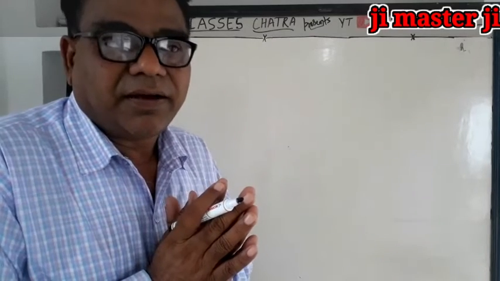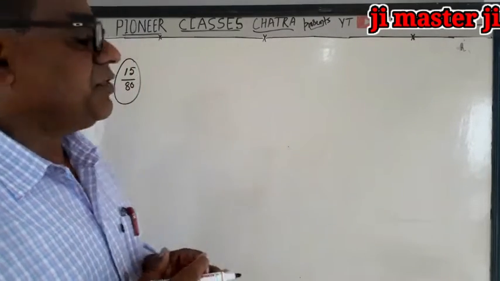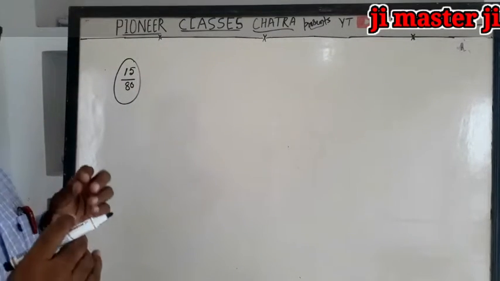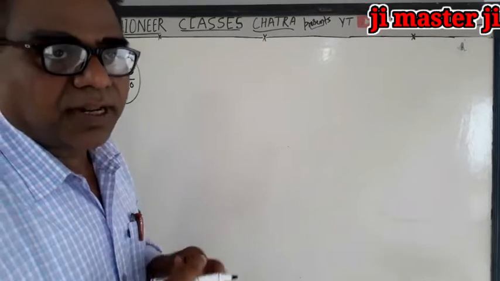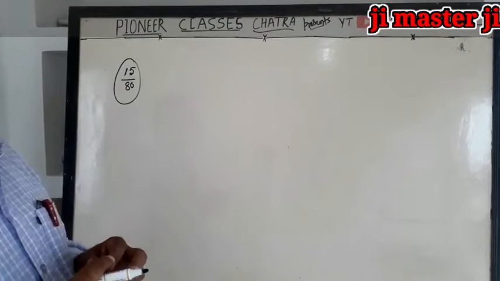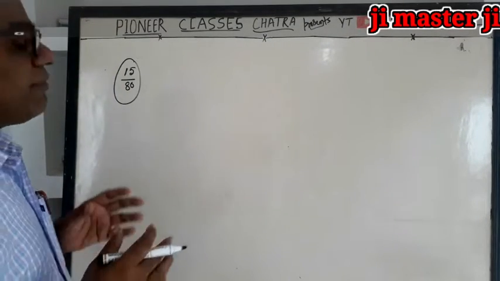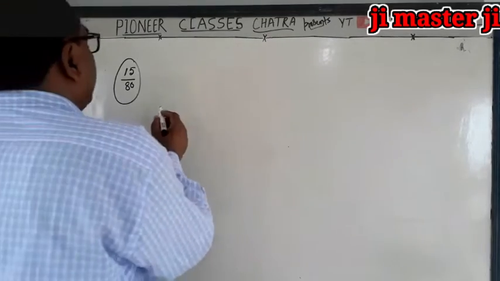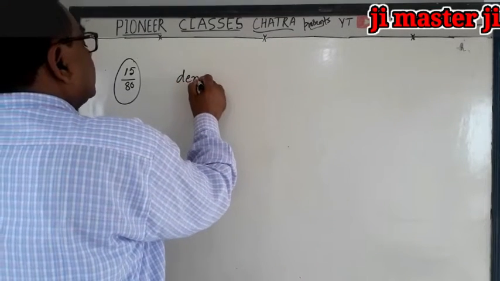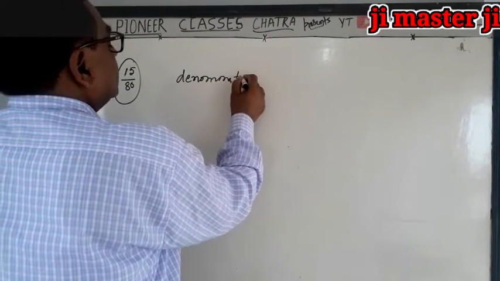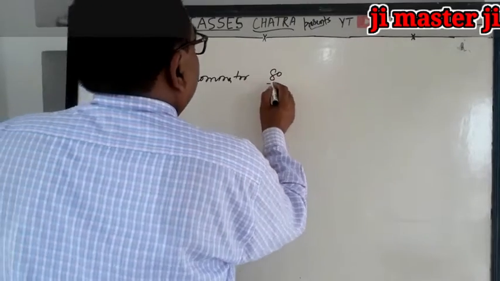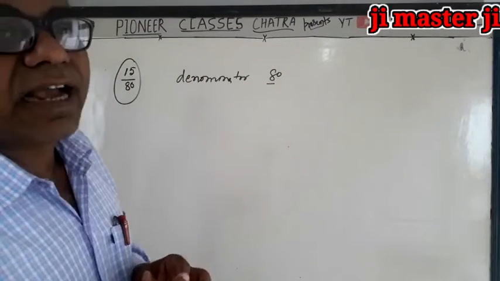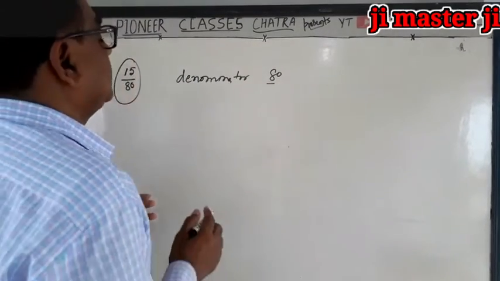We have not to use the long division method. Without actual long division, we can find how. So here the denominator is 80. So we will find the prime factorization of 80.